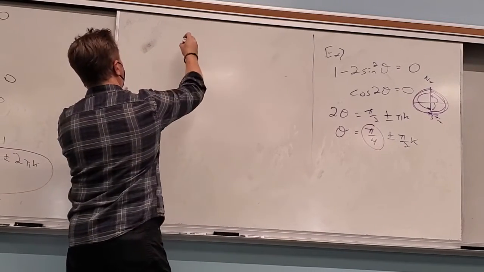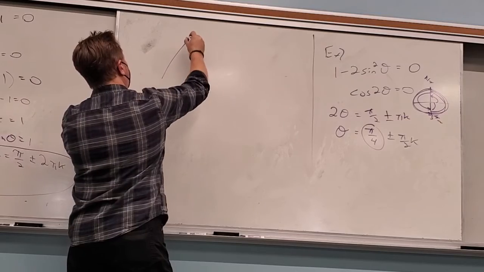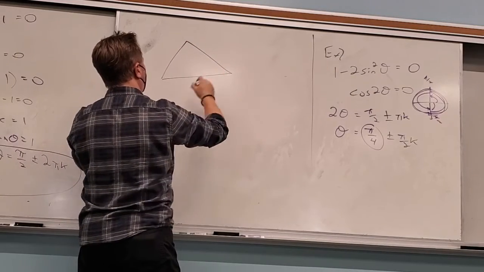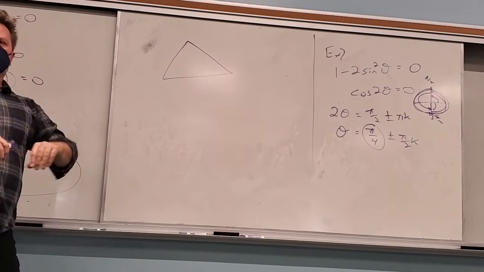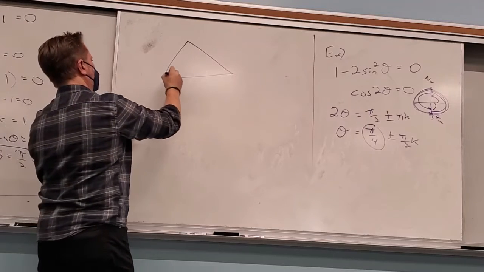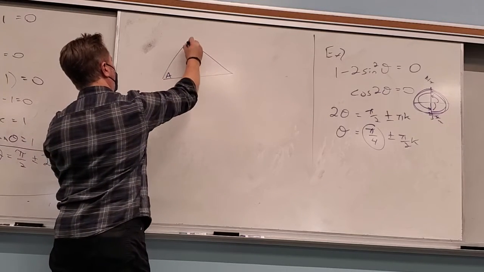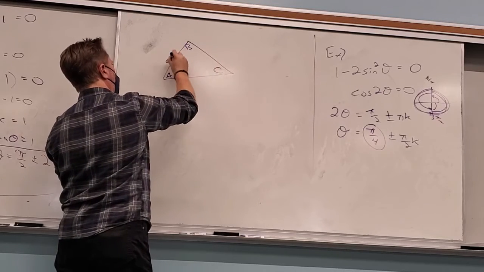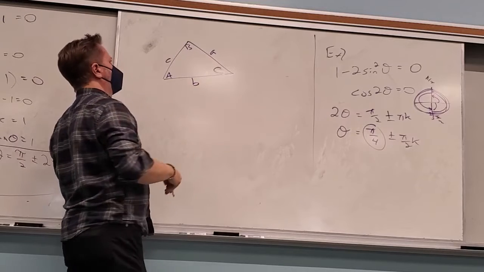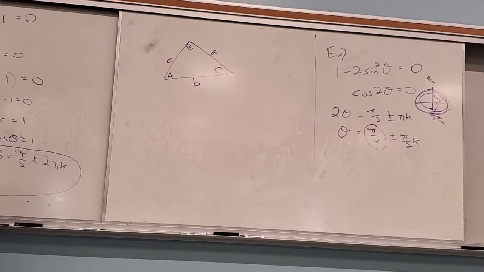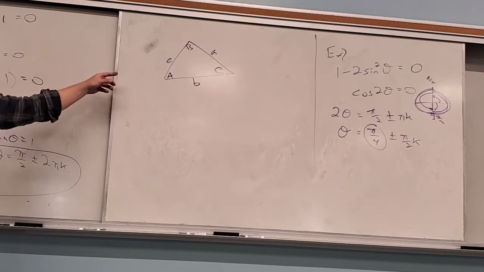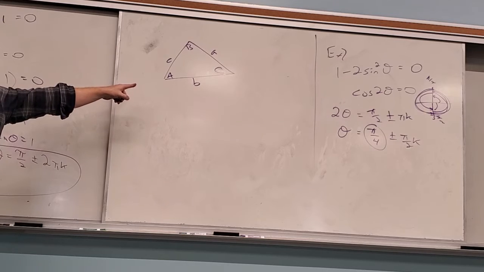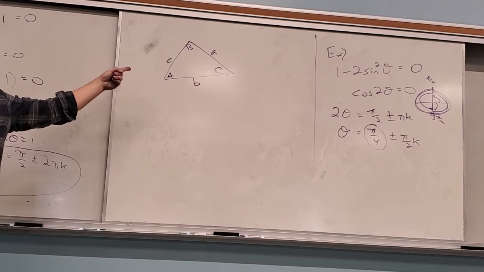If I had a triangle that was not a right triangle, so I have angle A, angle B, angle C, side C, side A, side B. It seems like I shouldn't be able to use trig functions to do much of anything. In fact, does Pythagorean theorem apply here? It doesn't seem like it should, right?